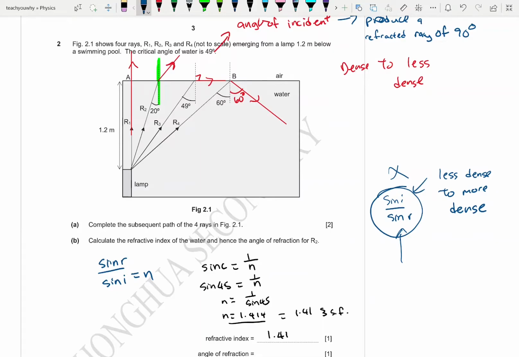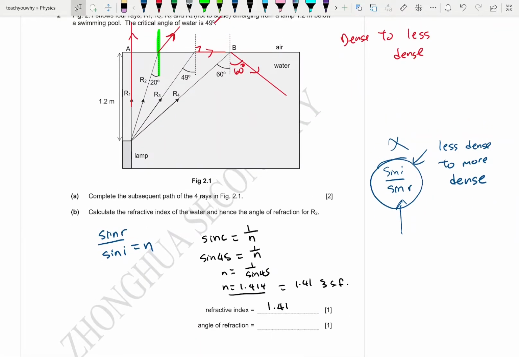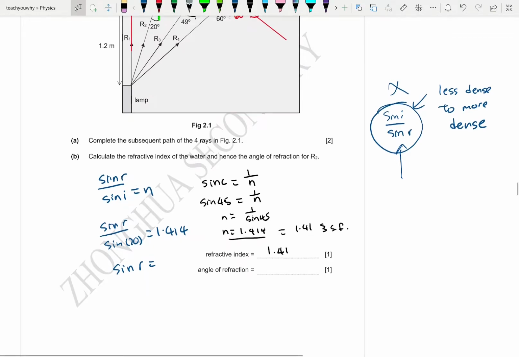So sine R over sine I equals 1.414. Sine I is sine 20, so we can find sine R. Sine R equals 1.414 times sine 20.